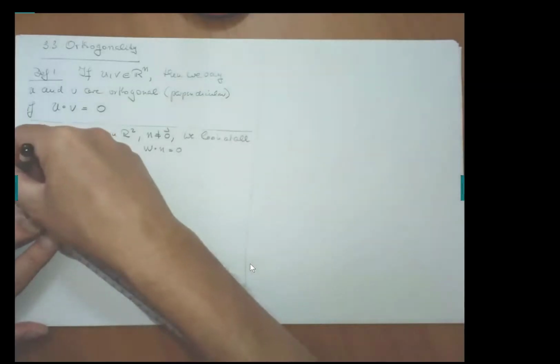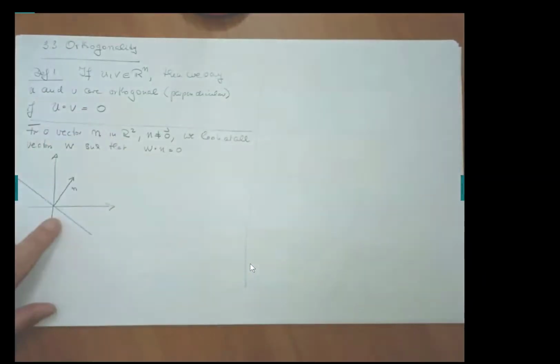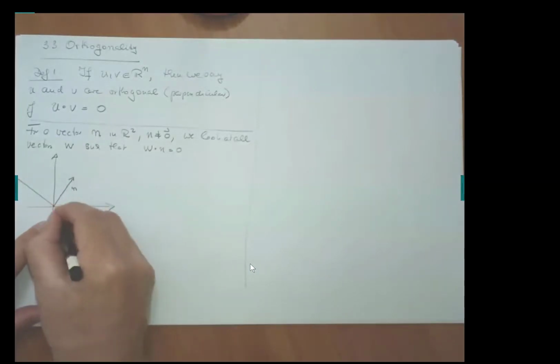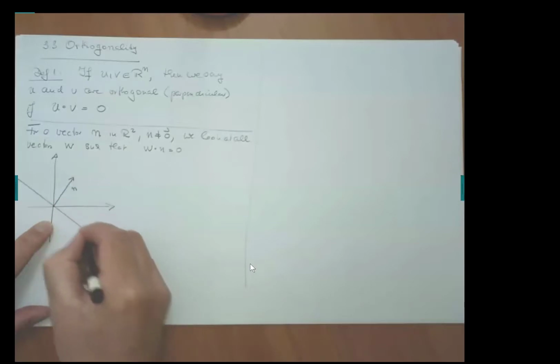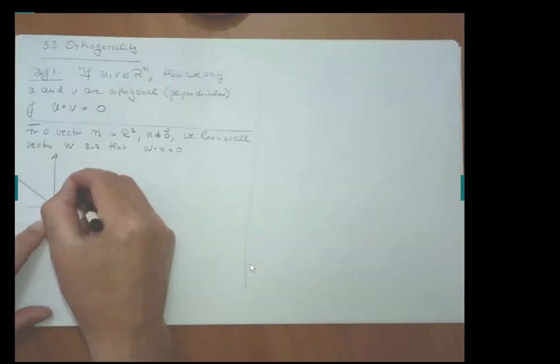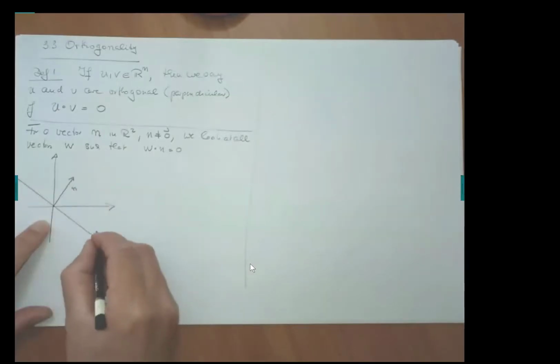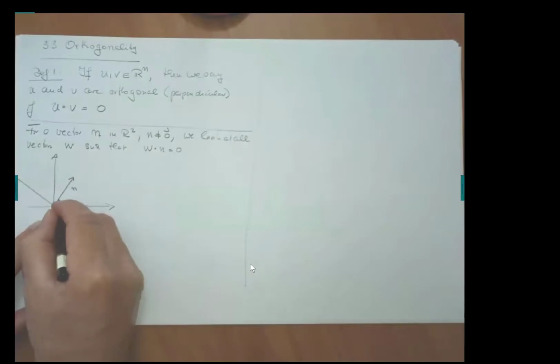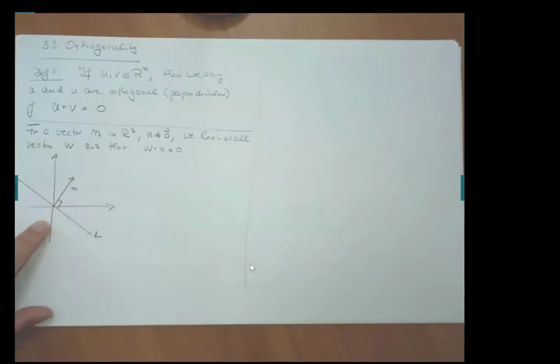So we see all these vectors. Also when I make the line, it means from the origin to here, from the origin to here. So every vector where the end point of the vector is along this line is perpendicular to n. So this line I call L, and the point is this line is perpendicular to the vector n.